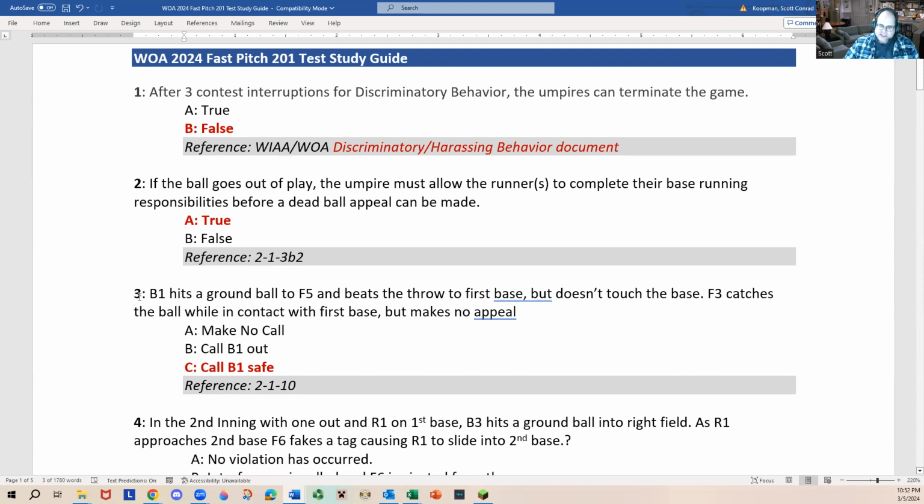So if you see question 3 on your test, don't assume that C is the right answer because call B1 safe may be in a different position, maybe A or B. Make the answer the one that you indicate. And you should do fine. Hopefully I've led you not astray, and we will see you on the field.